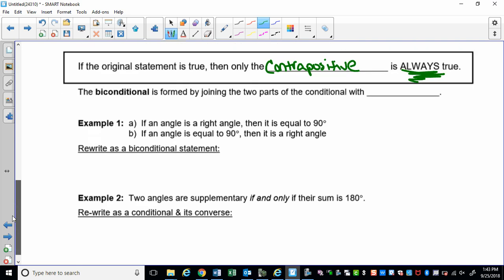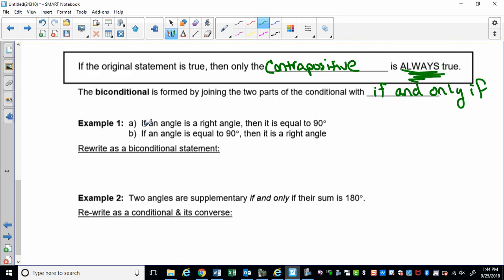The biconditional is formed by joining the two parts of the conditional with 'if and only if.' You're going to see this. So both the conditional and the converse have to be true to make it a biconditional statement.